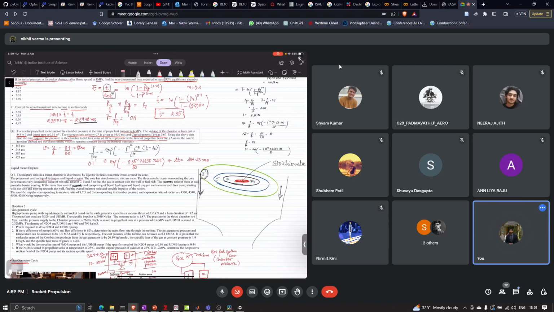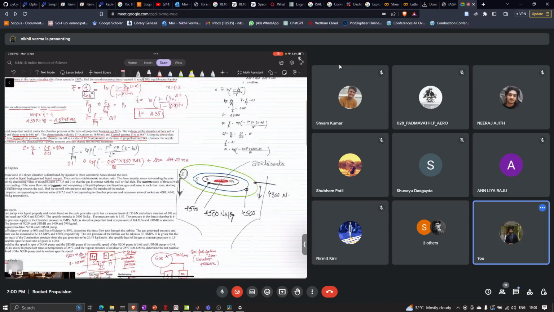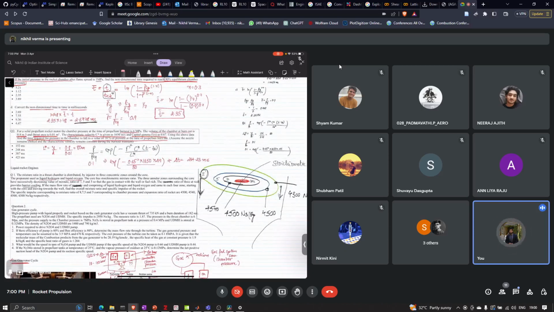It is given that the inside part gives a specific impulse of 450 Newton second per kg, and the other zones give their respective values in Newton second per kg. So what we have to find is the overall mixture ratio and the specific impulse of the rocket.